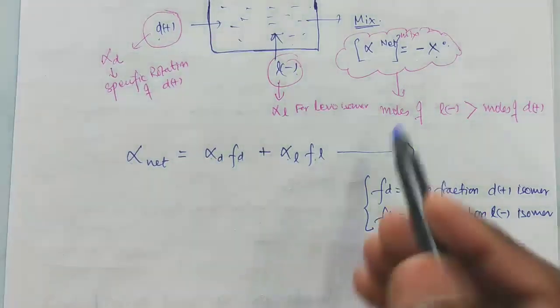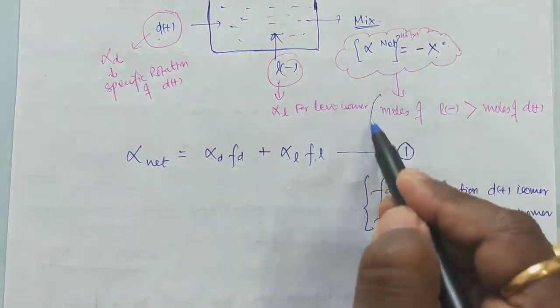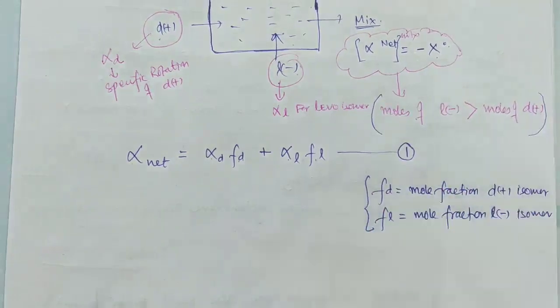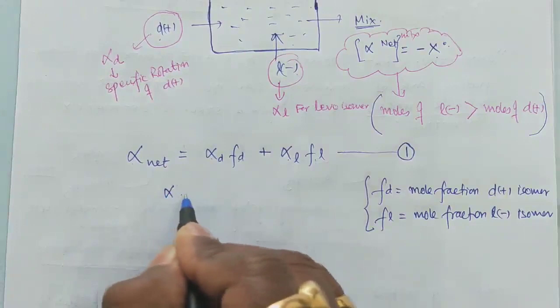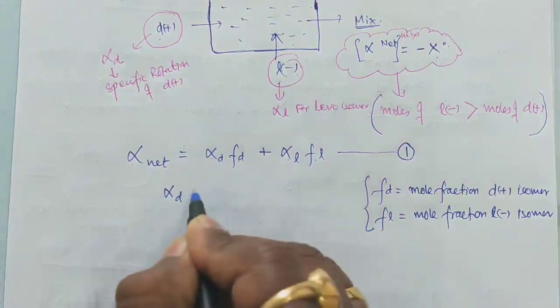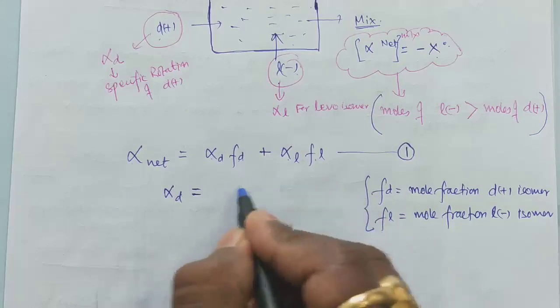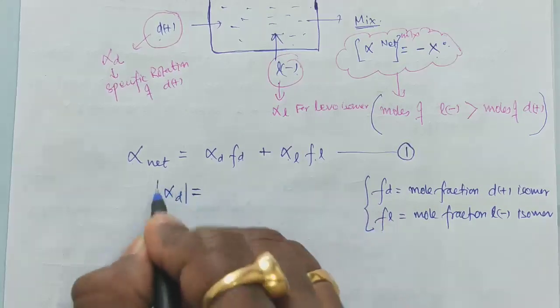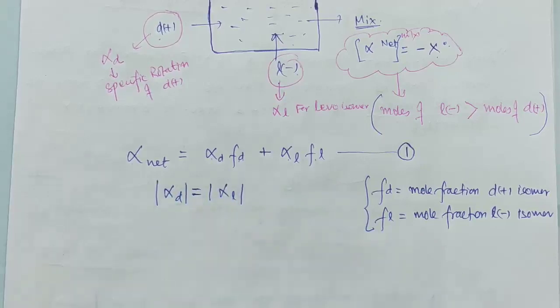Now if alpha net value is negative, it means moles of L isomer are more than the moles of D isomer, or whatever is given in the question, no problem. One more relation we can write, alpha D is equal to alpha L. Can we write or not?